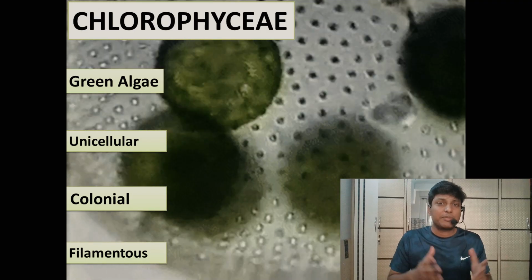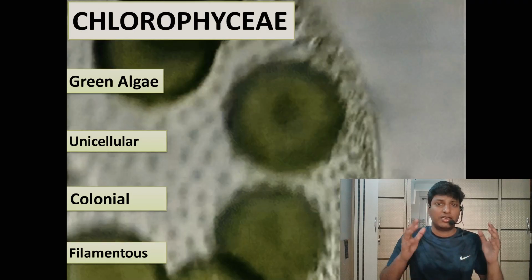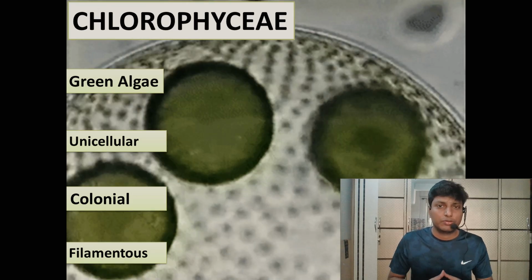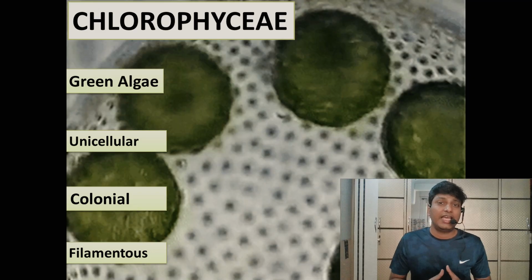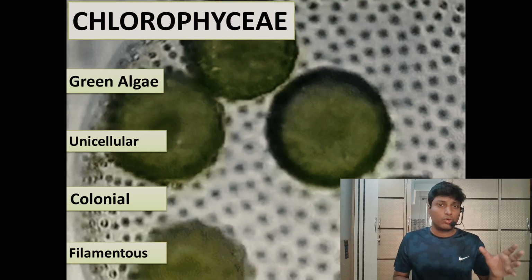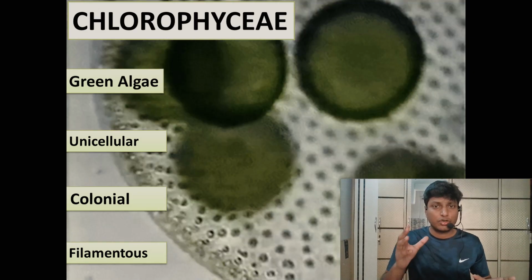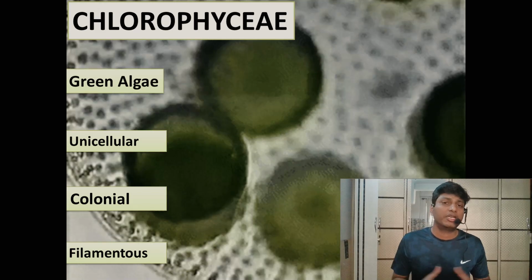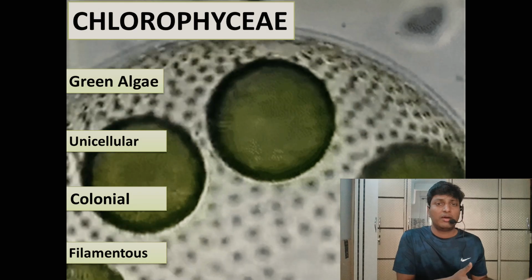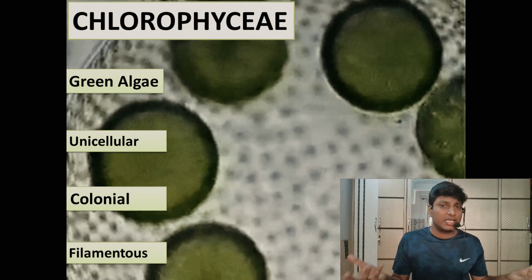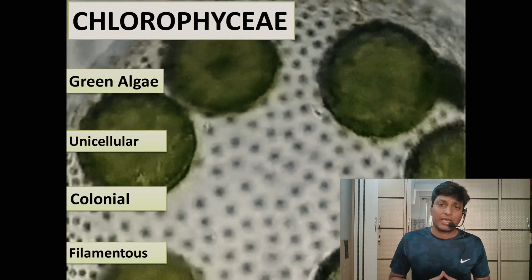So it is the pigment which is actually responsible for giving green color to the plants, right? At the same time, you all know that it helps in photosynthesis. So the chloro word comes from the pigment that is chlorophyll. It is very commonly known as green algae because, from the word itself, chloro means chlorophyll pigment, which gives green color to the algae, right?